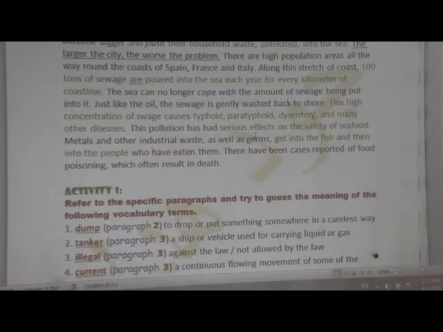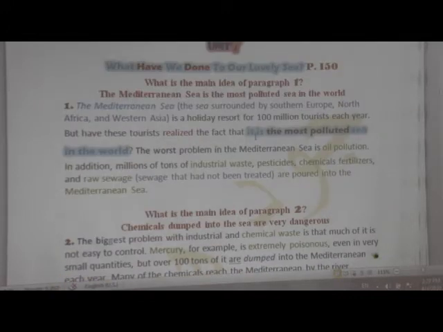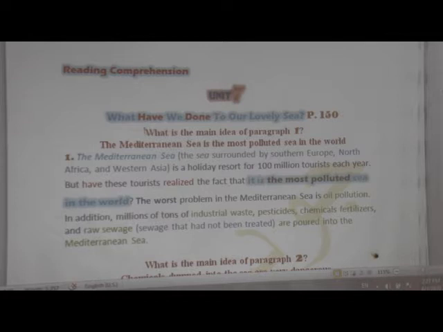I've underlined the forms of present perfect tense and we'll read them together. In the title, when he asked his question in order to raise the issue of Mediterranean Sea pollution, he used the present perfect in order to refer to the bad effects of pollution.